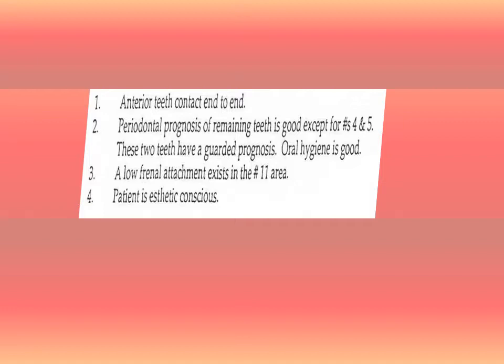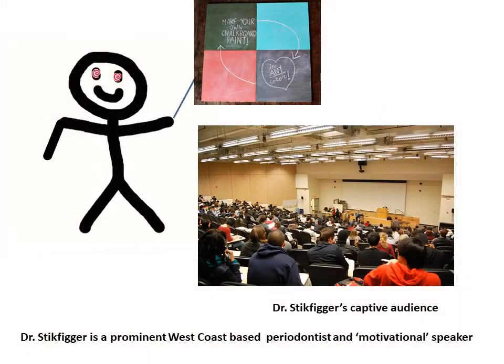As always, we begin with a thorough medical history and carefully articulated diagnostic casts. Referral to Dr. Stickfigure has given us the opportunity to evaluate the periodontal condition and to ensure an adequate recall sequence for the patient. We'll get Dr. Stickfigure to address the interfering frenal attachment on number 11.